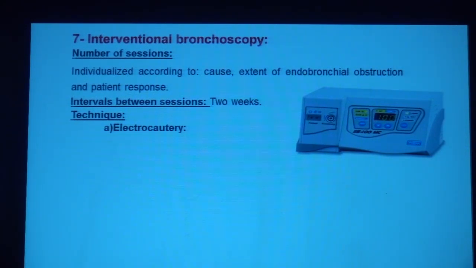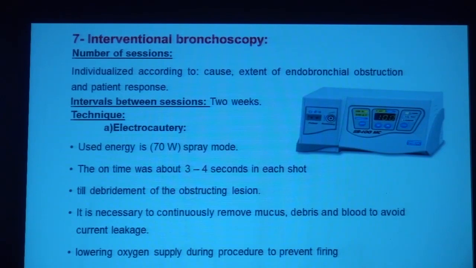Electrocauterization is a cheap apparatus, about $1,000 US, and can be used for about 1,000 patients safely. Energy used was about 70 watt, spray mode. Application for each shot was about 3 to 4 seconds till debridement of the obstructing lesion.